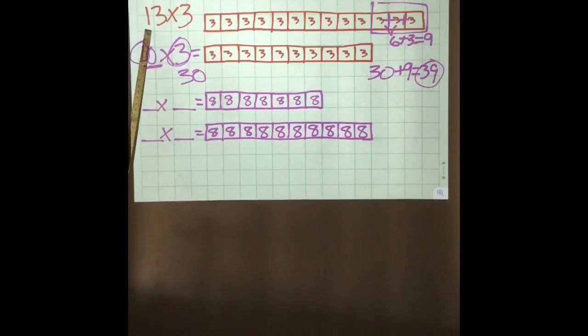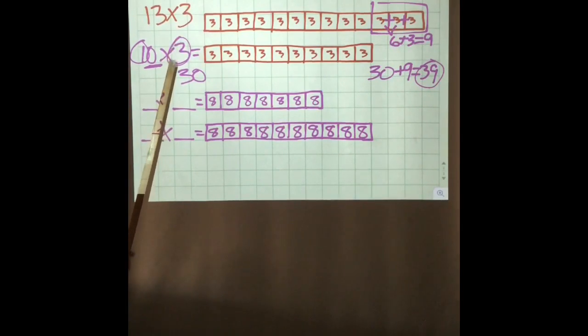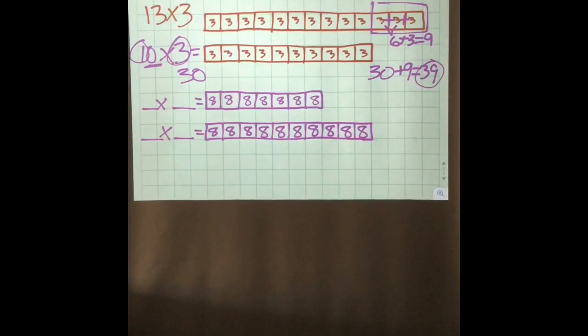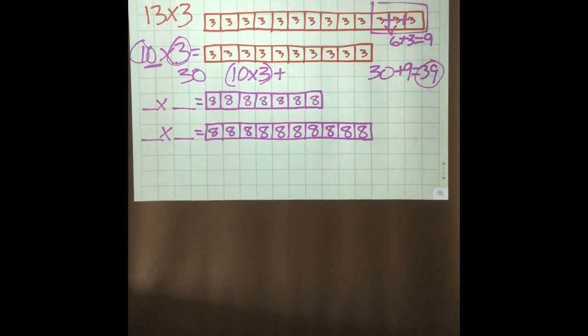So 13 times 3. What we really did here, and let me write that out for you, is we distributed this out. We did 10 times 3 plus 3 times 3.